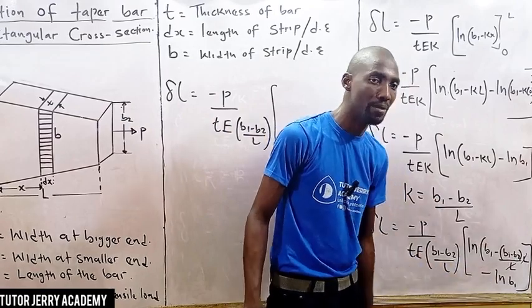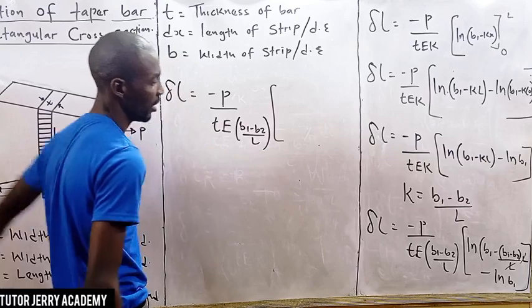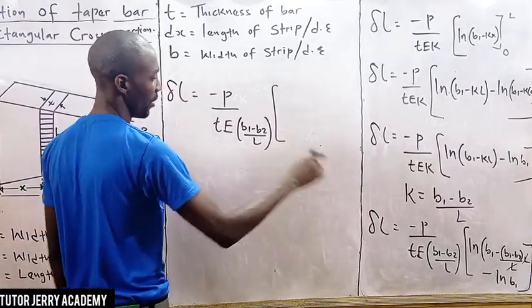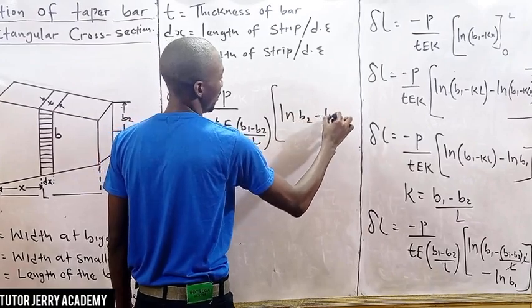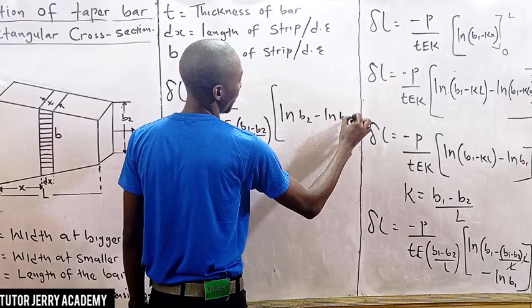B1 will go with B1, and we are left with ln of B2 minus ln of B1.